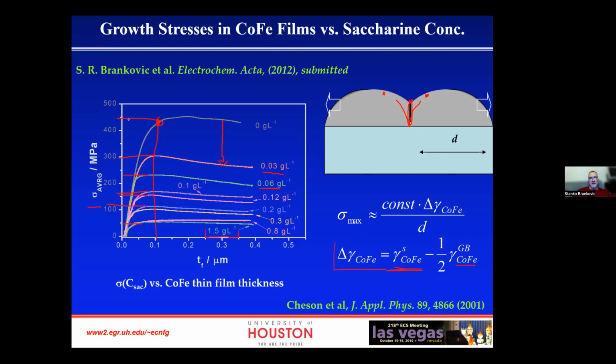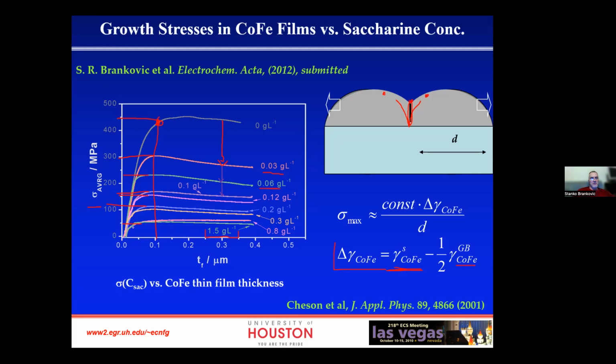Now, interestingly enough, and I'm just recapitulating what I said last time, adding just a tiny amount of an additive, such as saccharin, for example, in this case, you can see a drastic reduction in the maximum stress value in the film. And then adding a little bit more, and more, and eventually more, and somewhere around, let's say, the last curve here represents the stress evolution of the cobalt iron film for 1.5 gram per liter saccharin concentration in the solution.